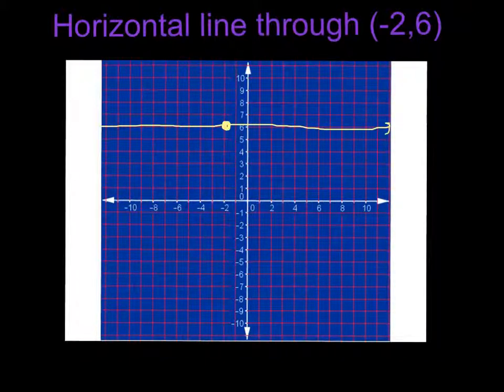I want to know the equation of that line. If I picked any other point on that line, my y value would never change. So if the y value never changes, our equation is y equals that y value. The y value here is 6. So y equals 6.